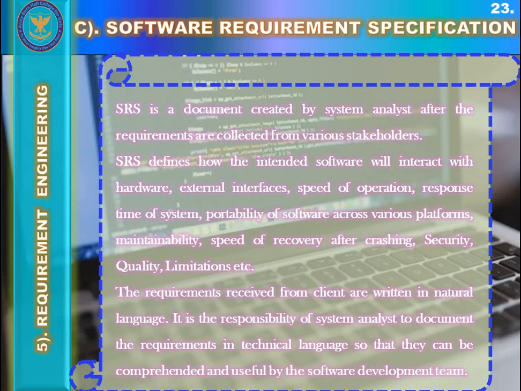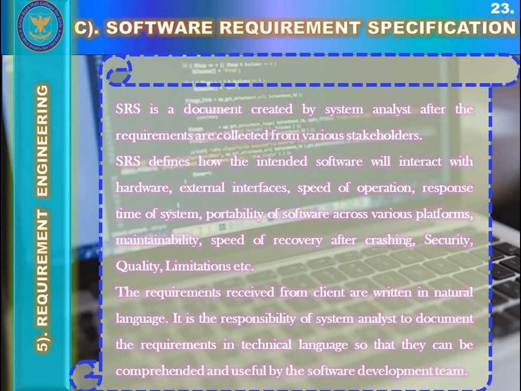That document defines a set of requirements. Two types of requirements may be included in this document: functional requirements and non-functional requirements. The requirements received from the client are written in human natural language like English or Urdu, which are the natural languages humans speak. It is the responsibility of the system analyst to document the requirements in technical language.